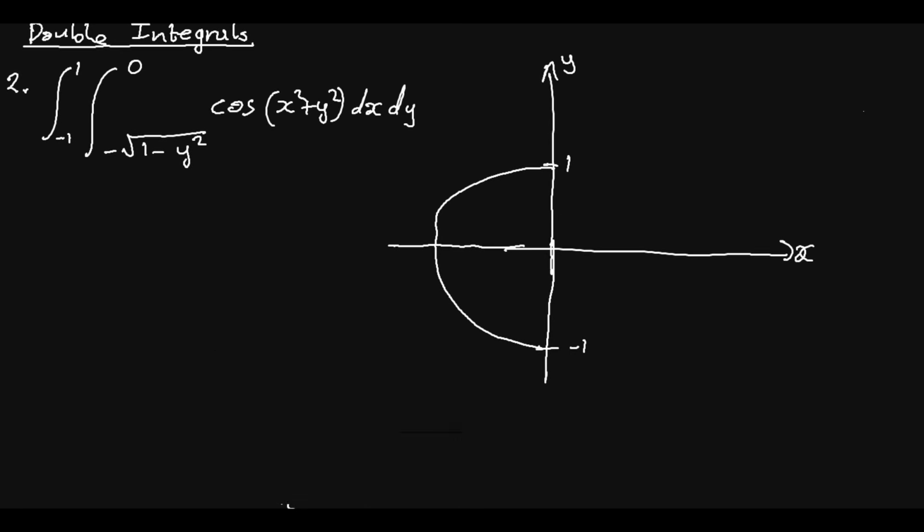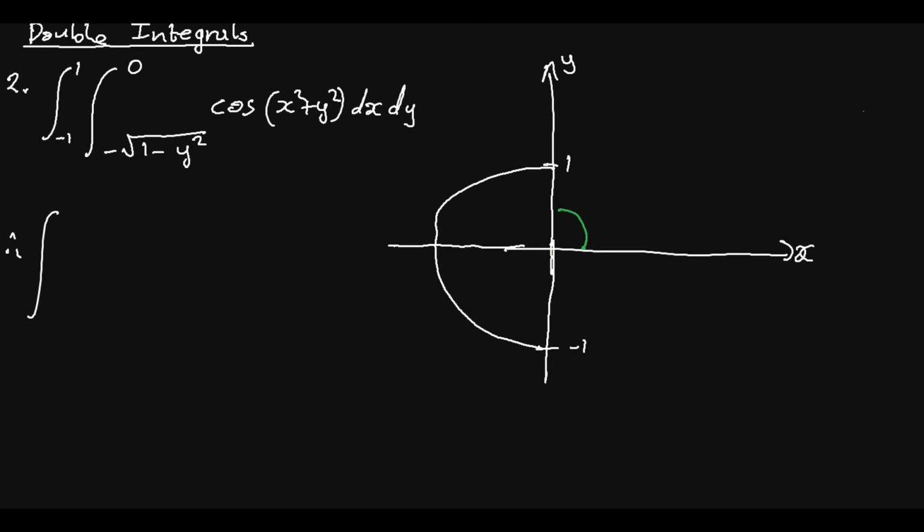Okay, let us come back and try to solve now in polar form. In polar form, theta is always on the outer integral. Moving from here, where theta is 0, the region starts when theta is pi over 2, up to the last time when theta is 3 over 2 pi.